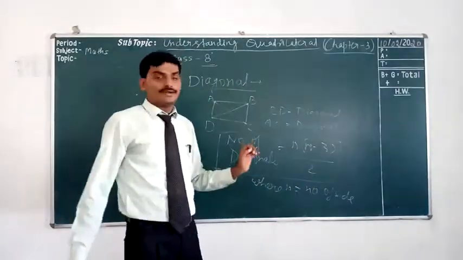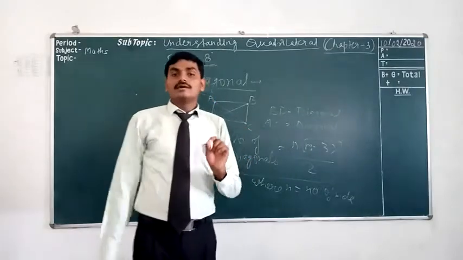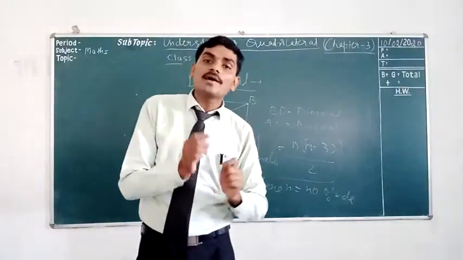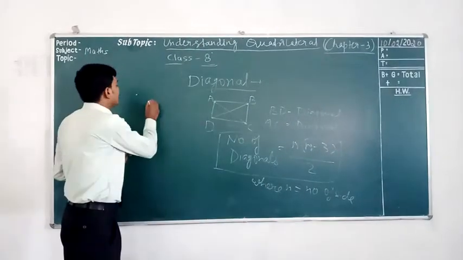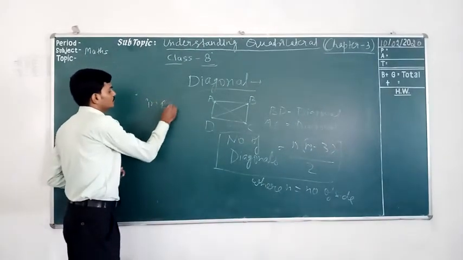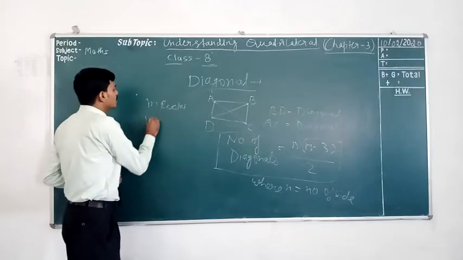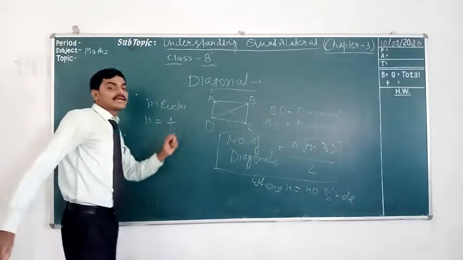For example, if we have to find the number of diagonals in a rectangle, n equals 4 because a rectangle has 4 sides.